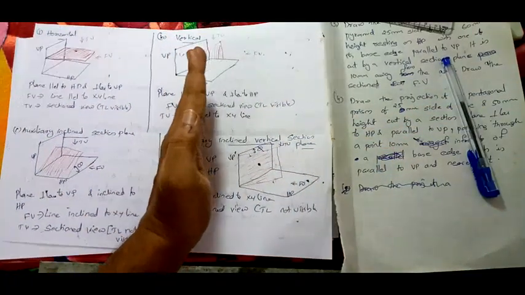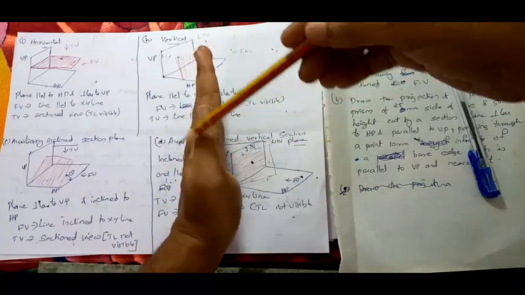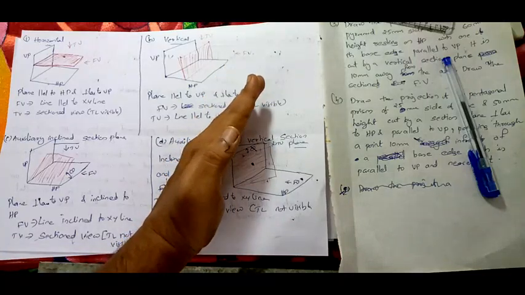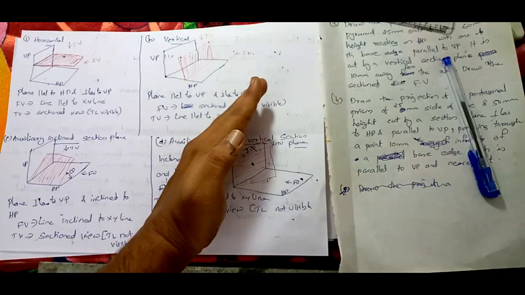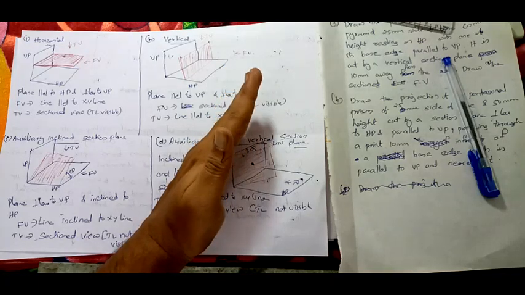actually we have a vertical plane set like this. Now we are giving some inclination. Earlier, from the top view you were seeing a line parallel to the XY line. Now, instead, that line is inclined.